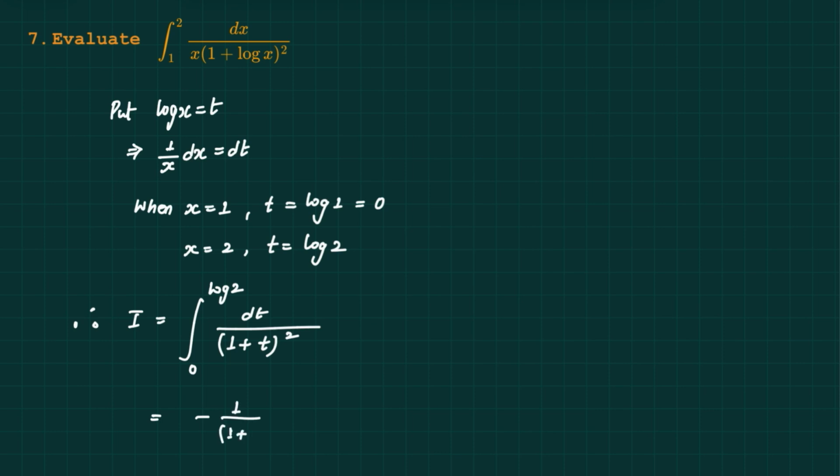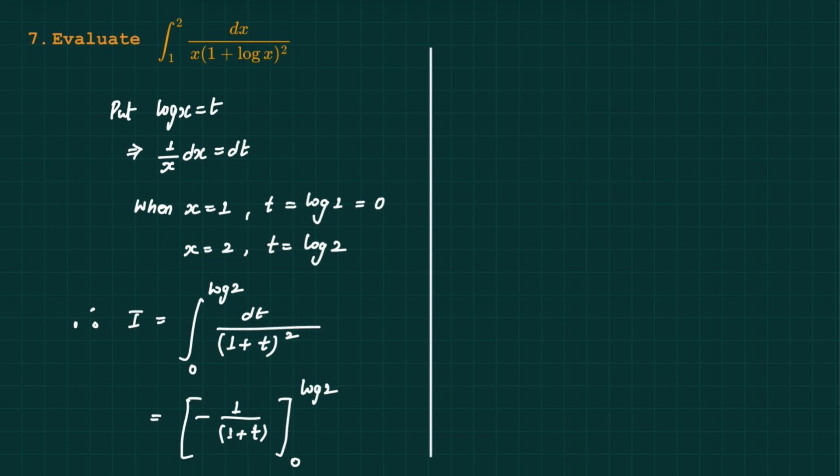So here it will be minus 1 over 1 plus t. Since 1 plus t is a linear polynomial, that's why we can do it directly. And we have to divide by the derivative of 1 plus t also, that is simply 1, so we will just ignore that. But here we have to put the limit, that is from 0 to log of 2.